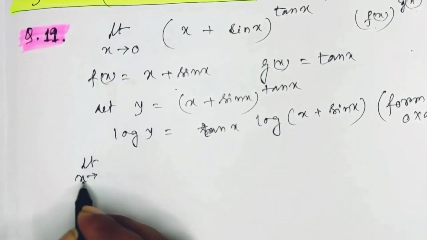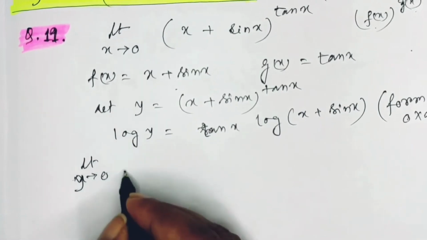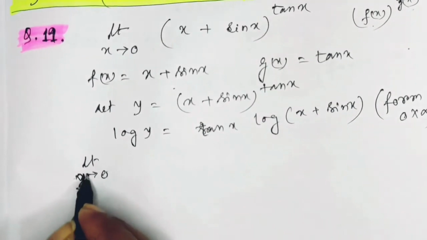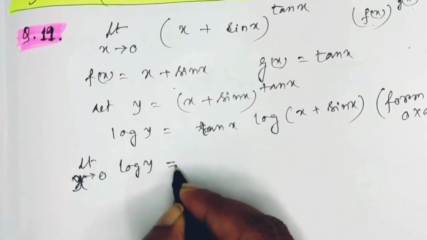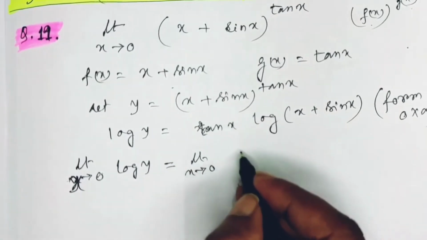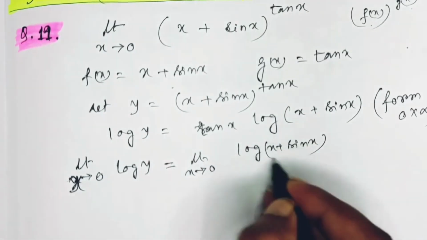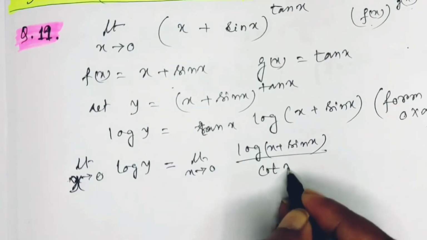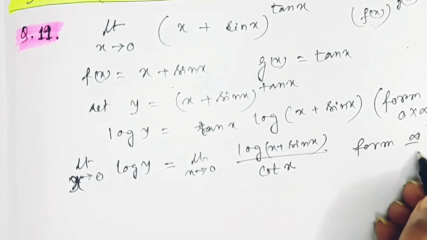Here the limiting value is, we should write y tends to 0, we rewrite in the form x tends to 0, it is log of y, which is equal to limit x tends to 0 of log of x plus sin x divided by 1 upon tan x, that means it is cot x, and it is in the form of infinity by infinity.